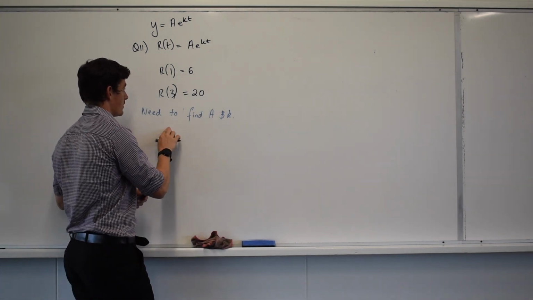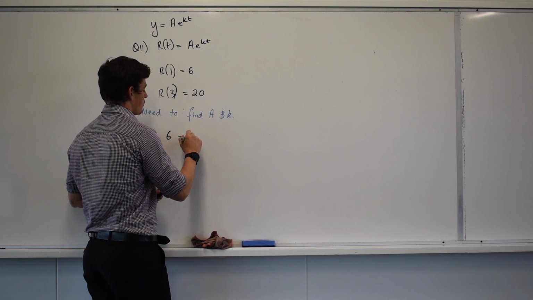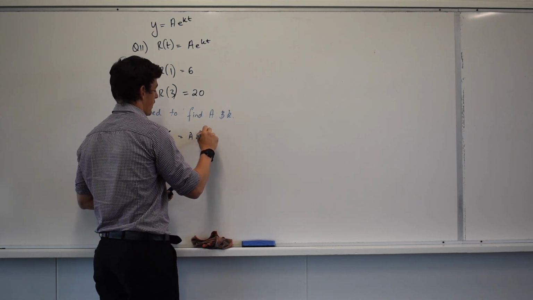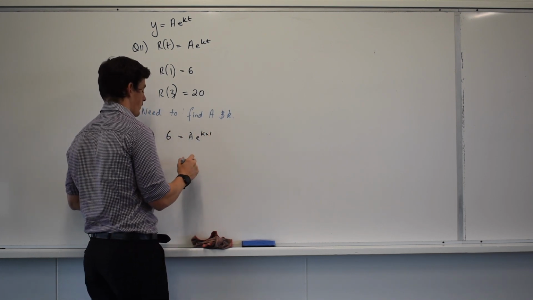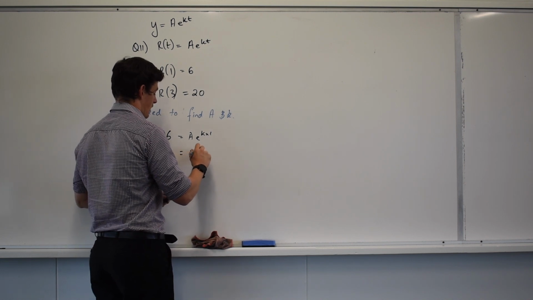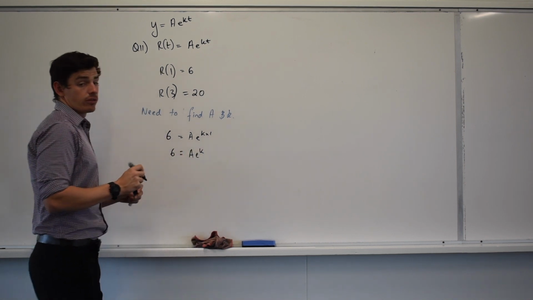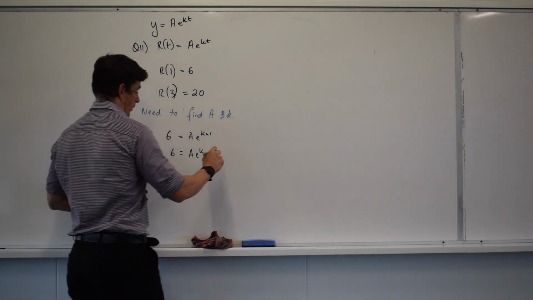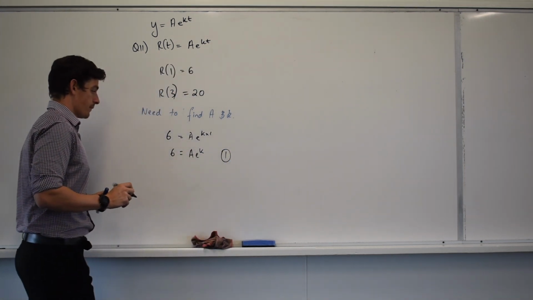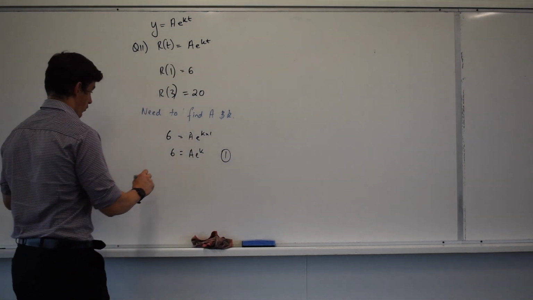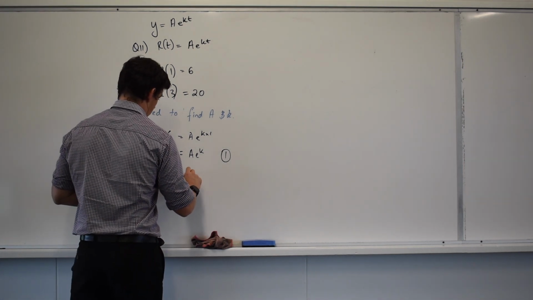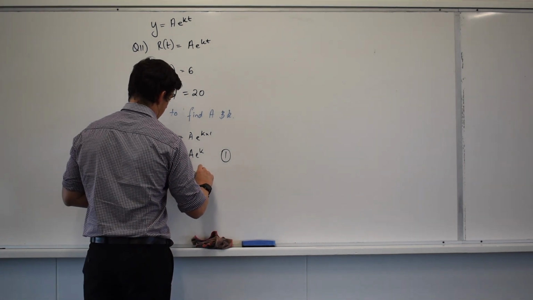So r of 1 is 6, so we know that 6 equals a e to the power of k times 1, which means a e to the k equals 6. We're going to call that equation 1. And for equation 2, we know that 20 equals a e to the power of 3k.